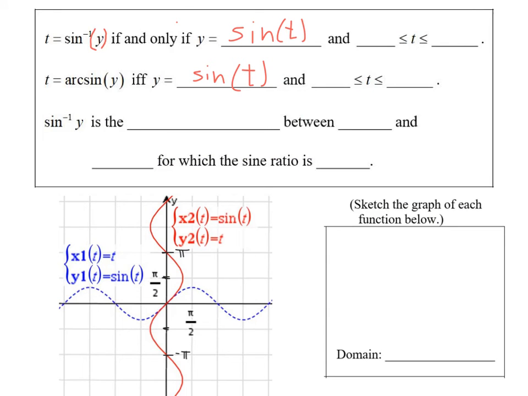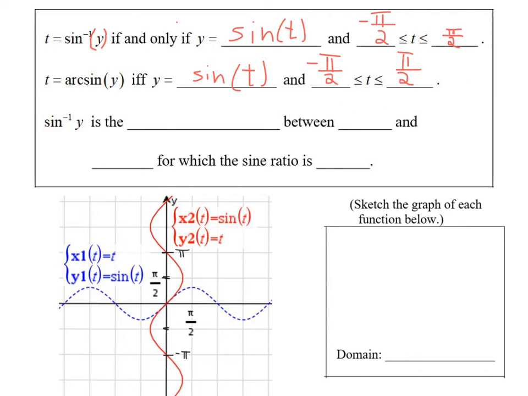So if you selected the correct prompt, you should have had here, by our definition, that t equals the inverse sine of y if and only if y equals the sine of t, and we want to make sure t falls somewhere between -pi over 2 and +pi over 2. So we have that written in both spots here now.